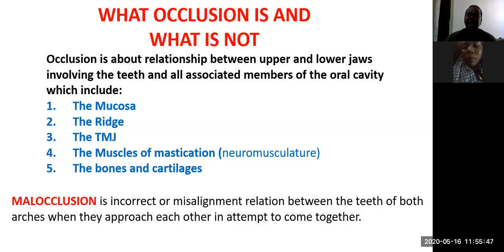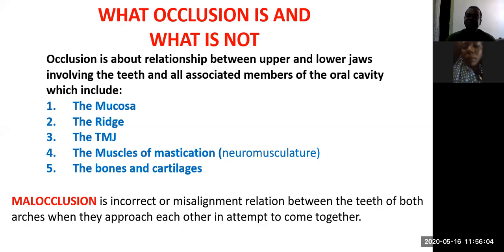What occlusion is and what it is not. Occlusion is about relationship between upper and lower jaws, involving the teeth and all associated members of the oral cavity. I take that again.